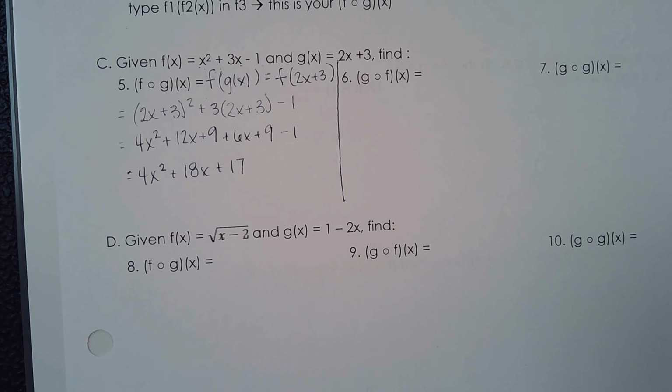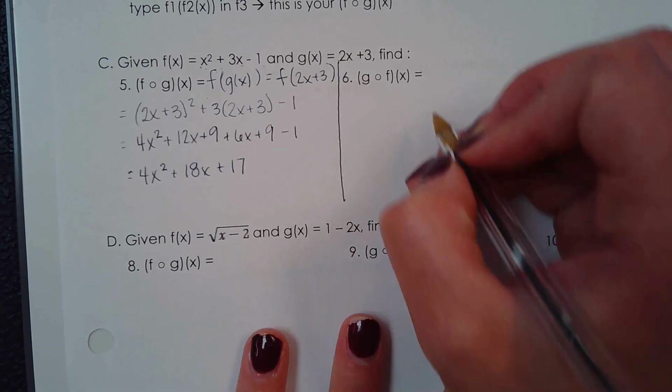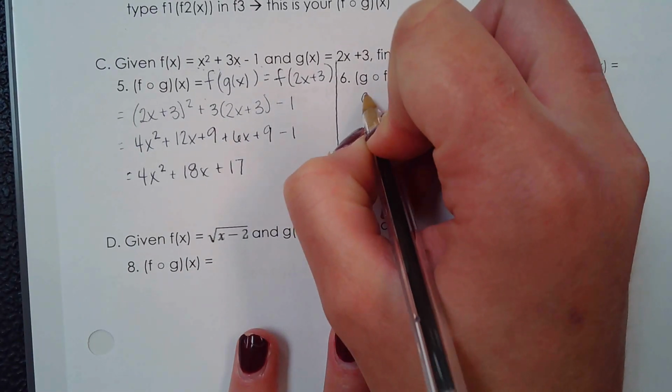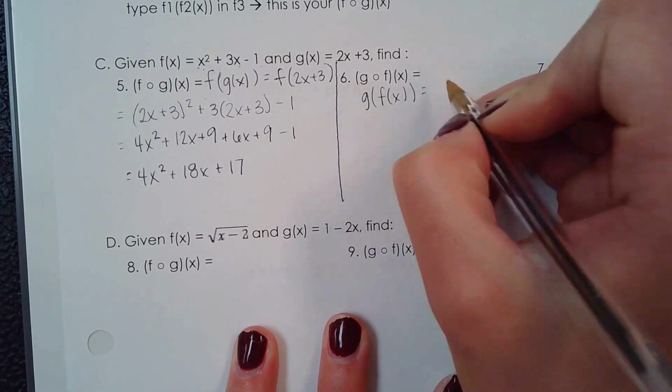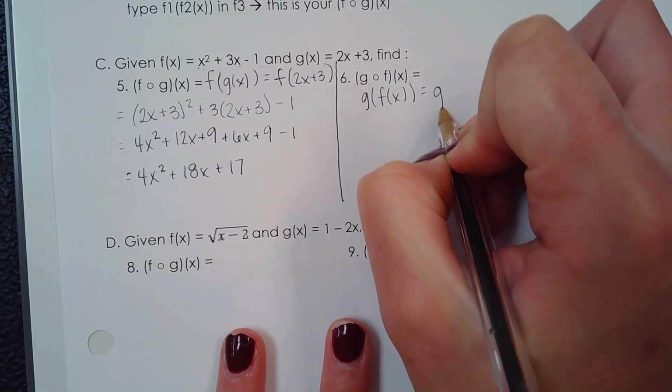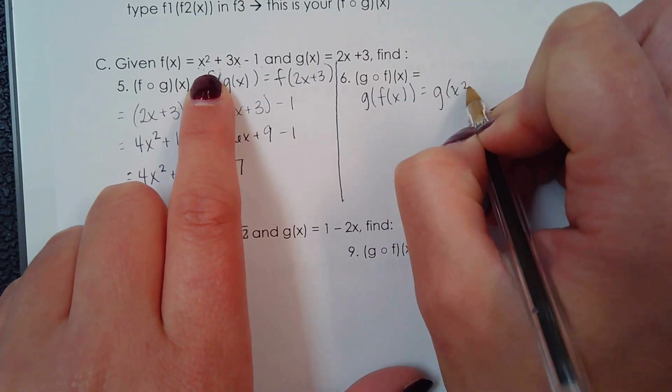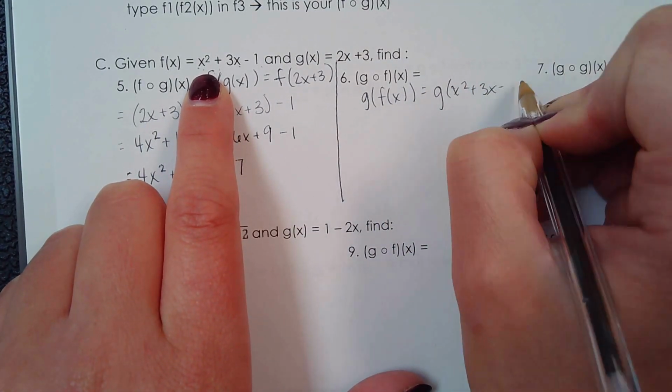Questions at all? Are we still okay? Yes, no, maybe. Alright, so for the next one, this time we're going to do g of f of x. I don't know if it's helpful, but I'm going to do it anyway. It's like you're finding g of x squared plus 3x minus 1.